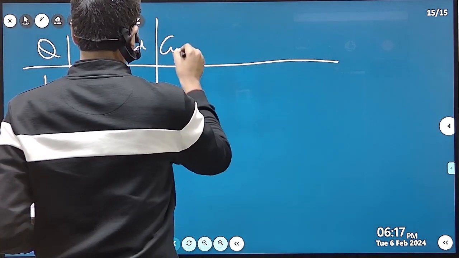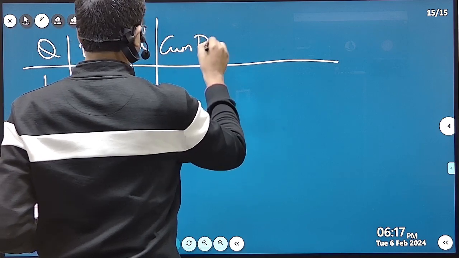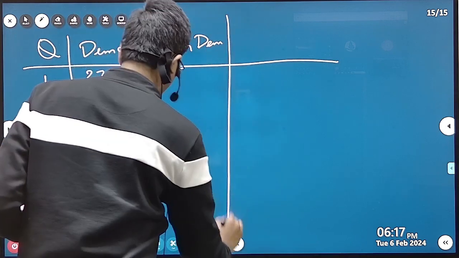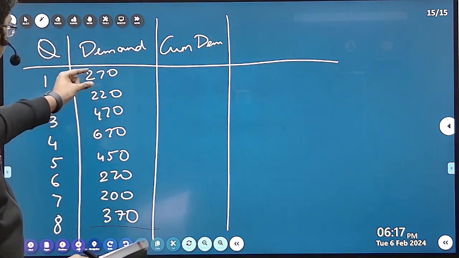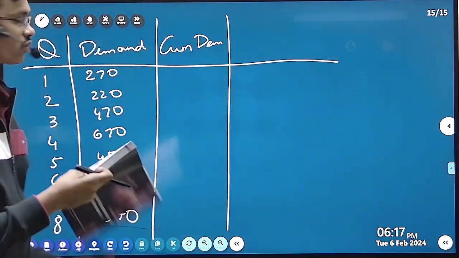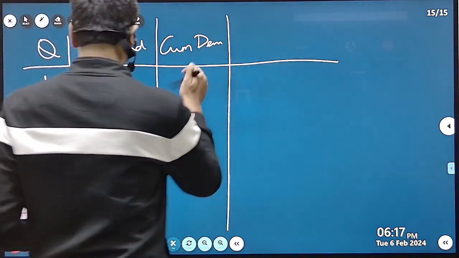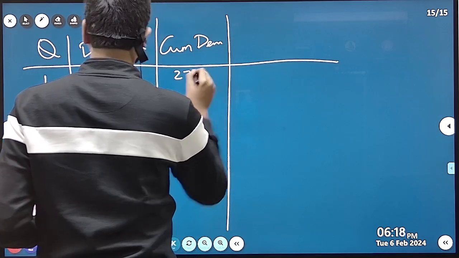Let us see the cumulative demand. So cumulative is nothing but we have to just sum the total demand of the previous periods. This is month 1, so this will be 270.